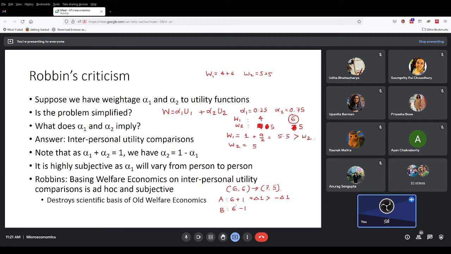What will he say? He will say that A is less important to me than B. So the fact that A is gaining is less important than the fact that B is losing.